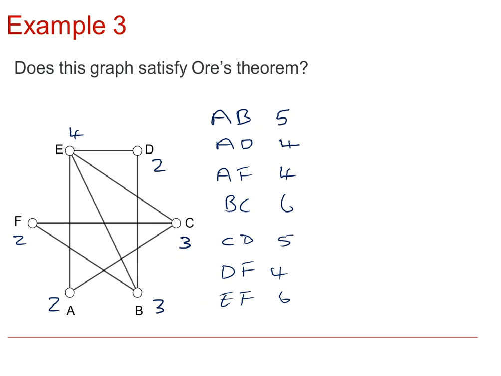Now I can see that n equals 6 because there are 6 nodes or vertices. So there's any number of examples there where the degree of v plus the degree of w is less than 6. And therefore it does not satisfy Ore's theorem.